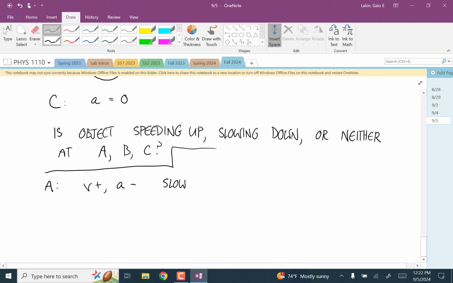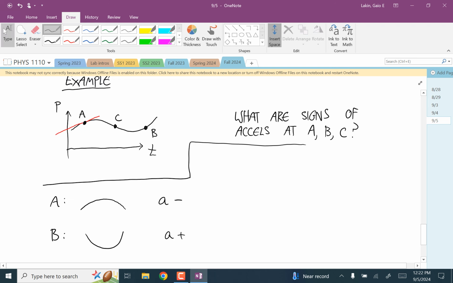And another way you can think of this, as a way to check that you're thinking about it right, is notice that if you think of the slopes of all the points as you go from left to right here, the biggest positive slope would be here.